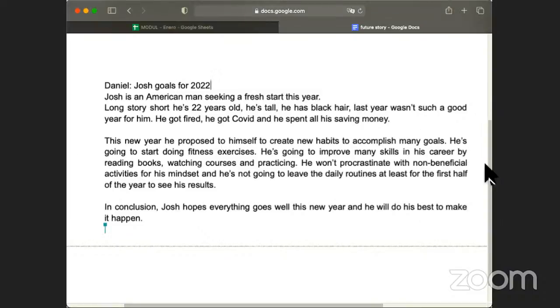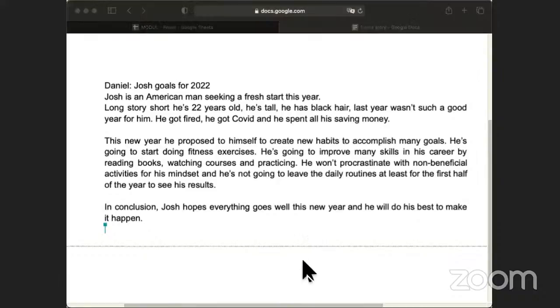Long story short, he's 22 years old, he's tall, he has black hair, and last year wasn't such a good year for him. He got fired, he got COVID, and he spent all his saving money. This year, he proposed to himself to create new habits to accomplish many goals. He's going to start doing fitness exercise.